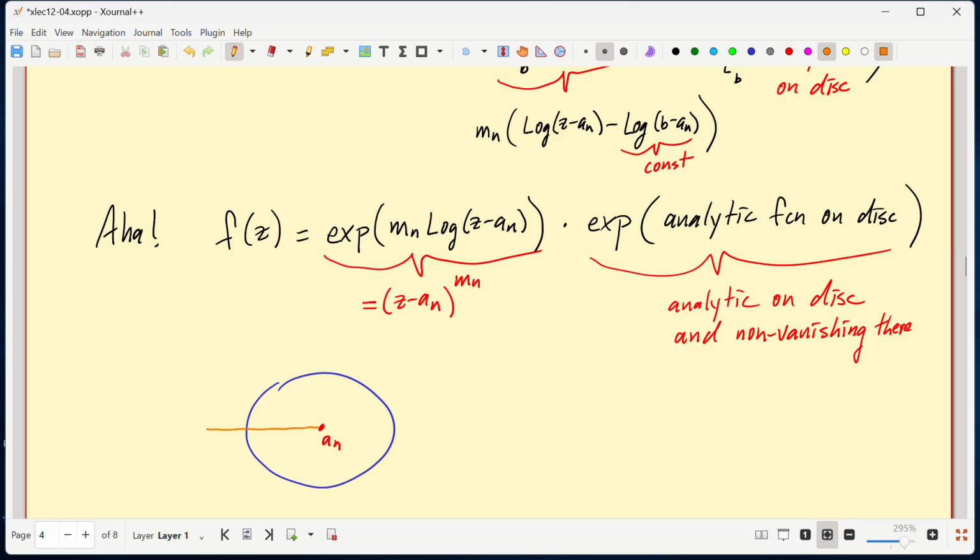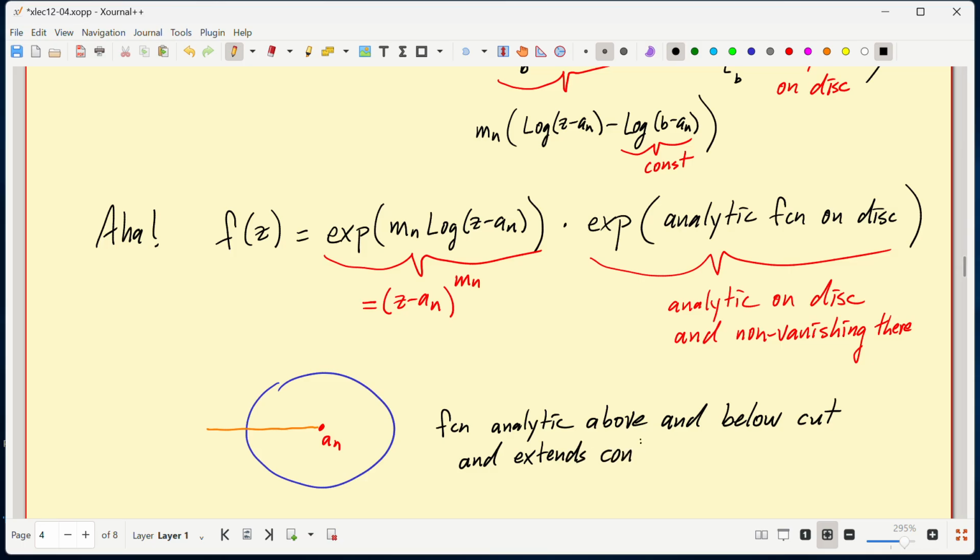Now I've got a function that is analytic above and below the cut, and the extension to the cut is continuous, and they agree. So it extends continuously to the cut.